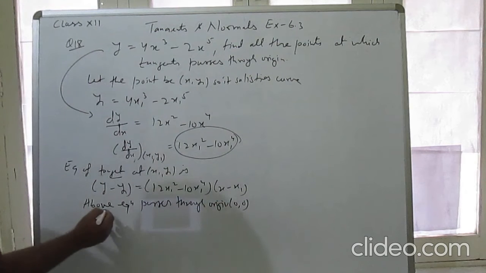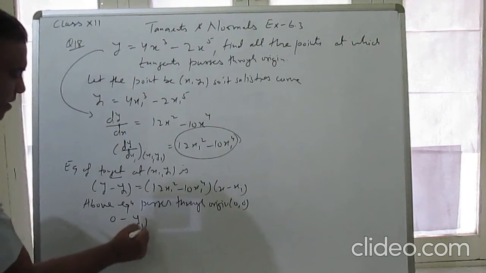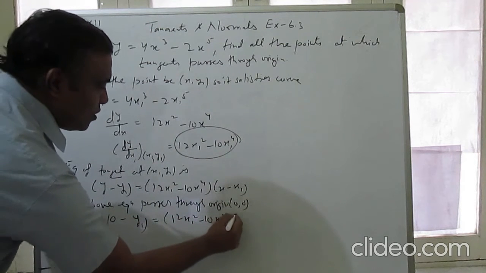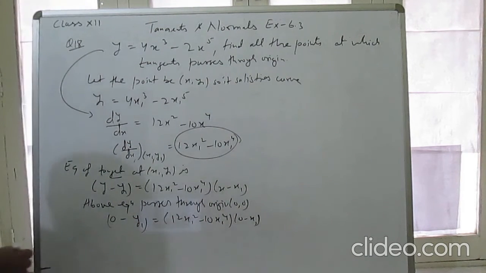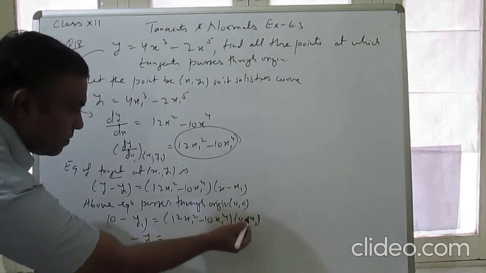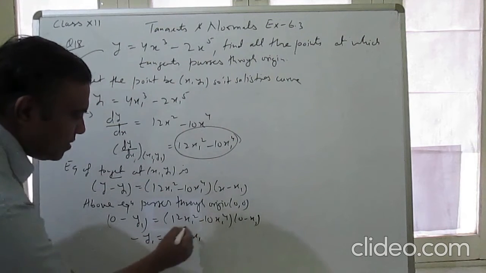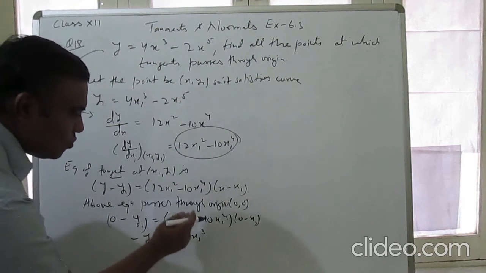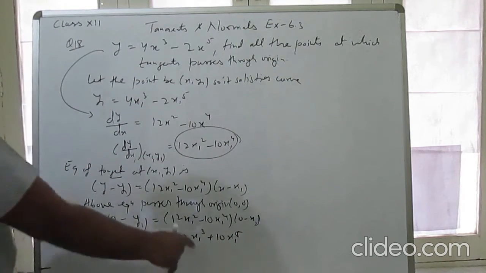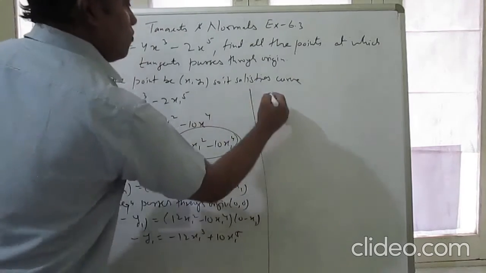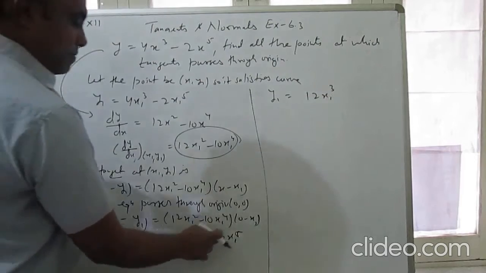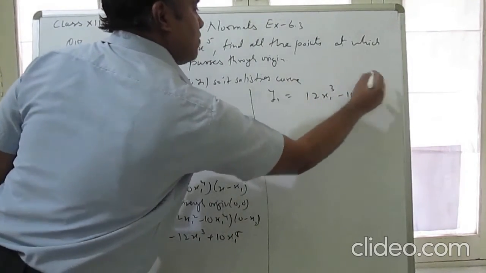So it satisfies: 0 minus y1 is equal to 12x1 square minus 10x1 to the power 4, into 0 minus x1. Now minus y1 is equal to, multiplying this, minus 12x1 cube and minus minus plus 10x1 to the power 5. This minus transposes there. So y1 is equal to 12x1 cube minus 10x1 to the power 5.